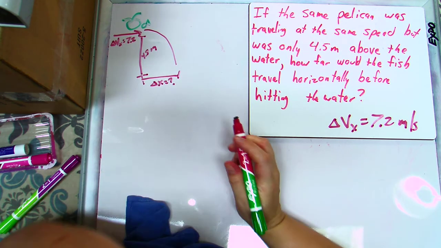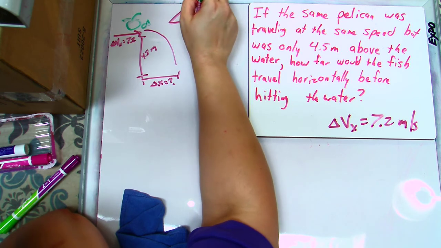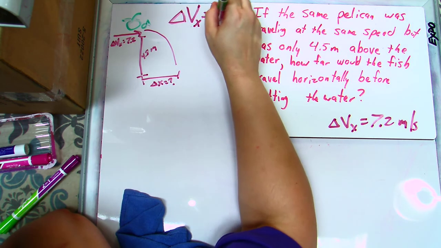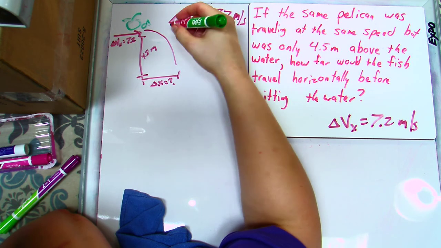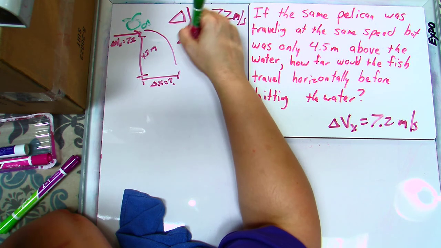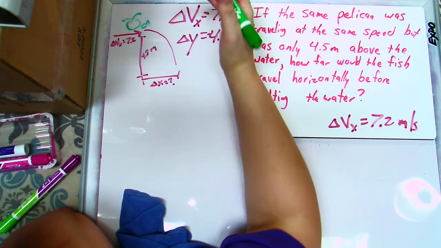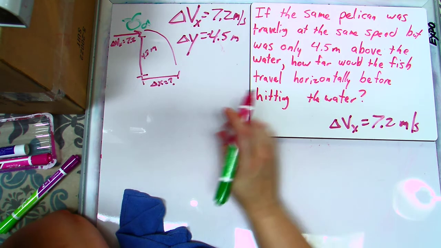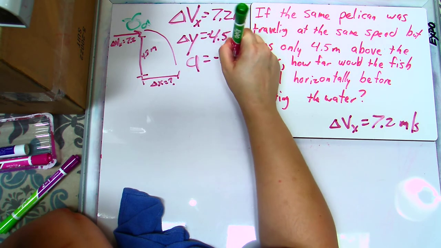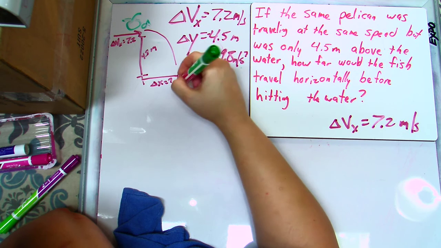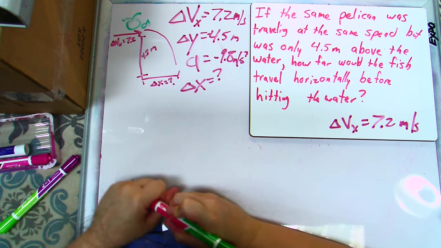All right, so again, just to make it a little easier to read. Delta Vx equals 7.2 meters per second. Delta y equals 4.5 meters, technically negative 4.5 because it's going in the downward direction. We know the acceleration due to gravity is negative 9.8 meters per second squared, and we want to know delta x. Now this is going to be very similar.